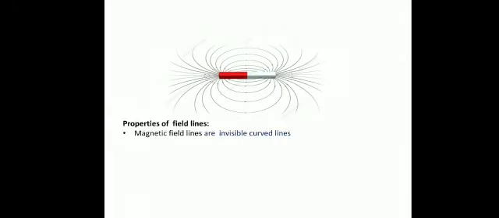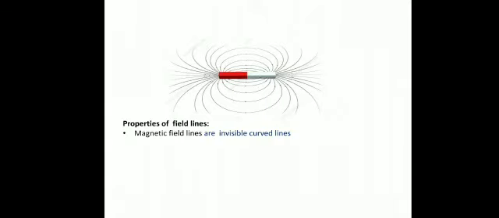So number one, very important, I hope everyone will remember this: magnetic field lines are invisible curved lines. We have also seen that these magnetic field lines are present inside the magnetic field, but we cannot see them through our eyes. That is what one of the scientists came up with as an idea. No one can cut this idea.